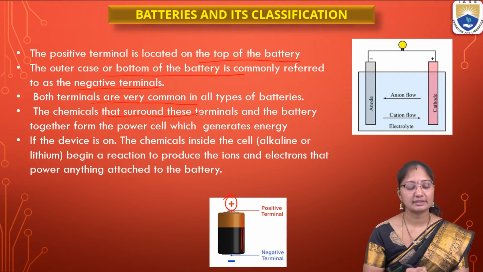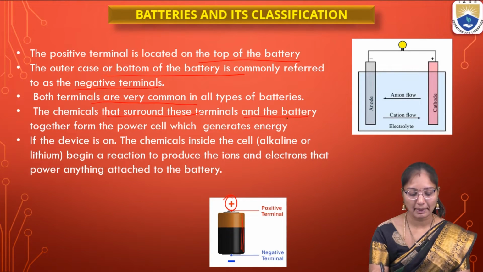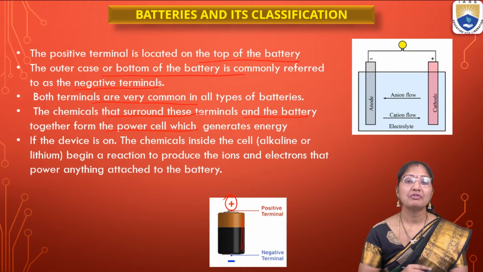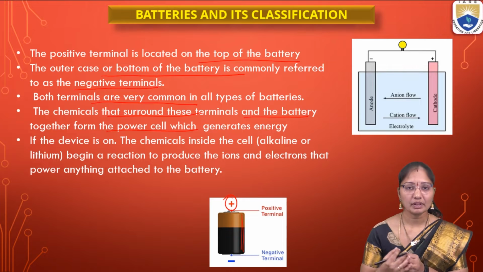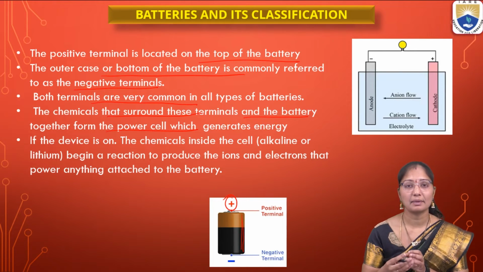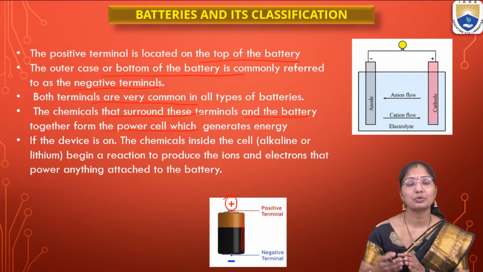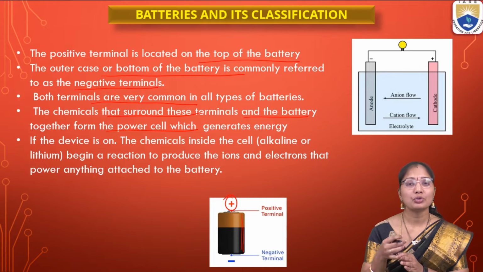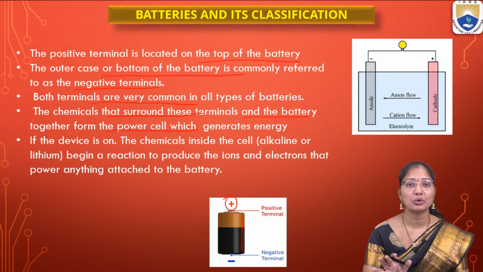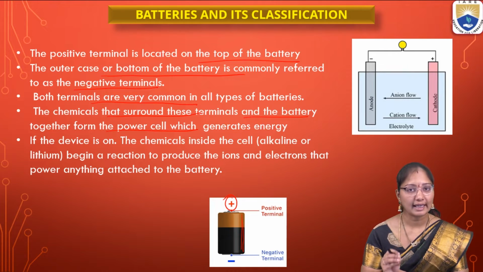The chemicals that surround these terminals and the battery together form the power cell, which generates energy. The chemicals present in the battery will differ. For example, zinc, lead acid, zinc carbon. Different types of chemical compositions are used in the battery, but the primary and ultimate goal is to generate or store the electrical energy.